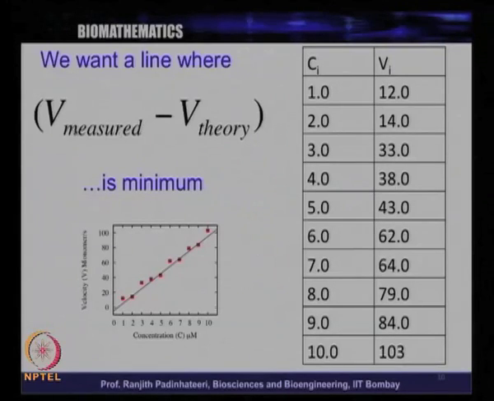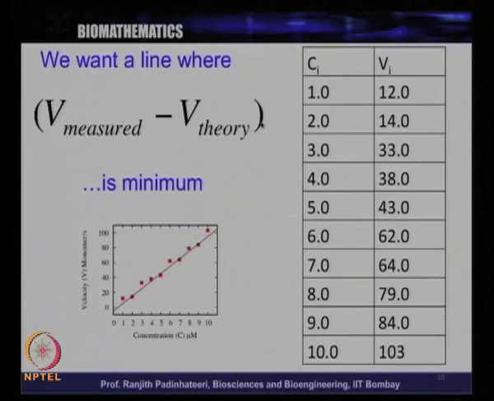When I say V theory, this is the velocity which you get from the fitting, that means this line you have. For every C there is a value on the line. So, this fitting value and the measured value will have some difference, but this difference should be minimal.